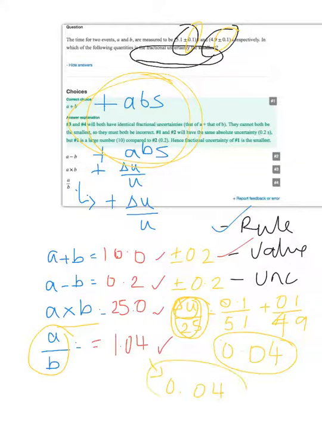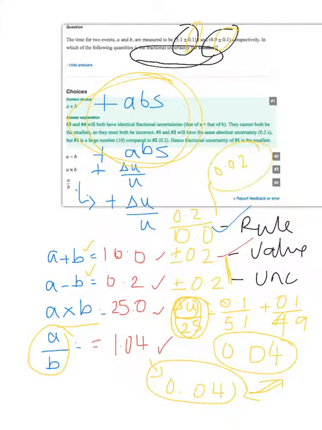We're almost there. These 2 are fractional uncertainties, but these 2 are absolute uncertainties. So now we need to work out the absolute uncertainty in A plus B and A minus B. That's simply worked out by dividing the uncertainty 0.2 over 10 in the case of A plus B, which gives us a value of 0.02.